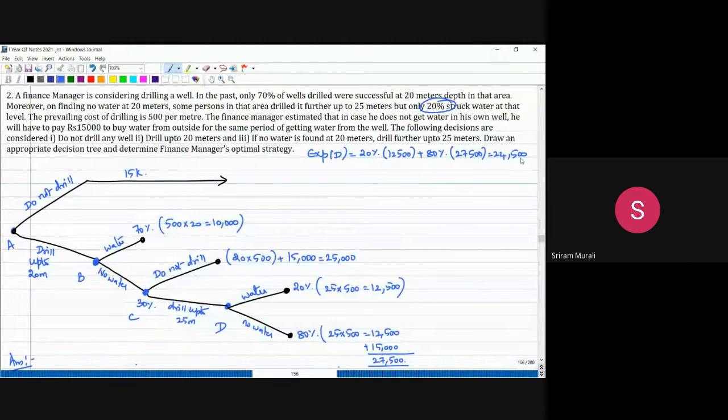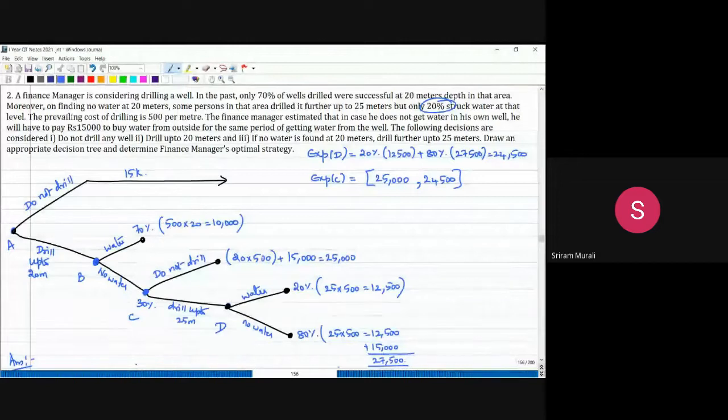Expected value at C. Expected value at C is between 25,000 and this 24,500, because this is the expected value we already found if I drill.